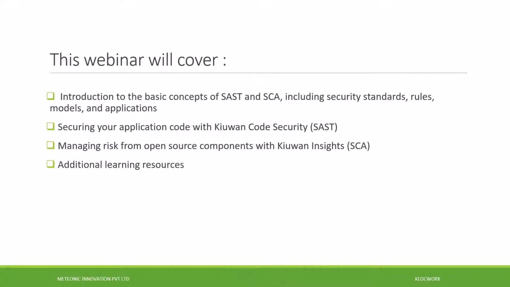So these are the topics we are going to cover today. We'll look at what SAST is, static application security testing, as well as source code analysis, and how to maintain security standards, what the checkers and rules are that are required to maintain security standards as per industry-specific guidelines.